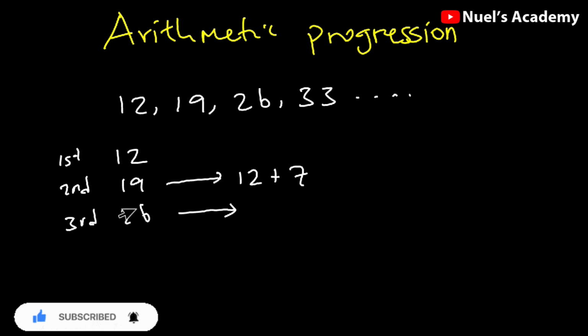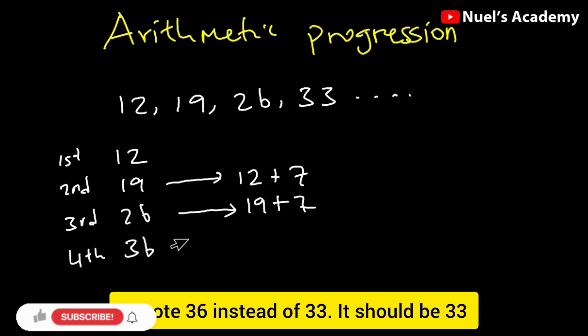How do we get this 26? This 26 is gotten by this 19 plus 7. 19 plus 7 is 26. How about 33? 33 is the fourth term. How do we get 33? 33 is equal to 26 plus 7.